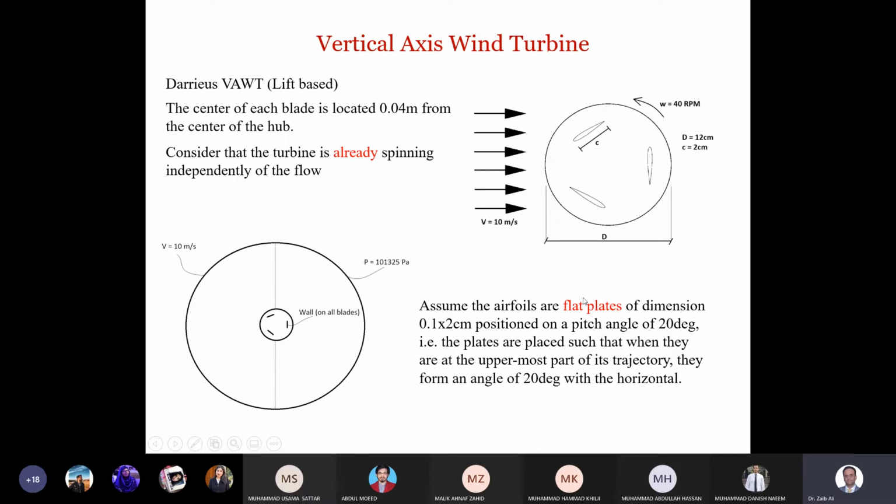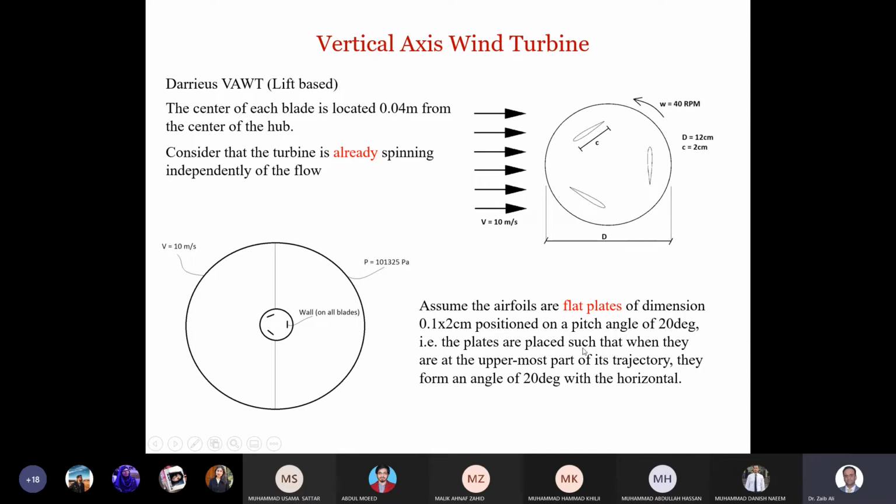Second assumption we are making is that instead of creating a proper aerofoil structure, we are assuming these plates to be flat plates of dimensions 0.1 width and 2 centimeter length, and positioned on a pitch angle of 20 degrees.